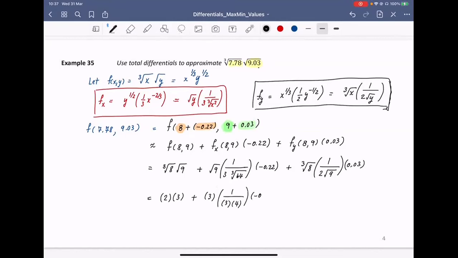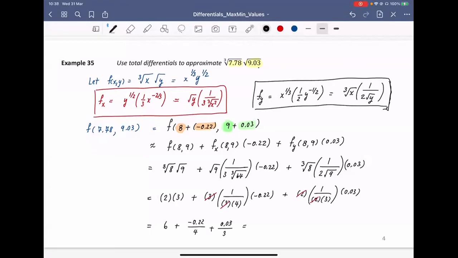And then -0.22 here, and then plus cube root of 8, you get 2, and square root of 9, you get 3. So you can cancel the 3 here, cancel the 2 here. So you get 6 plus -0.22/4, and then plus 0.03/3.